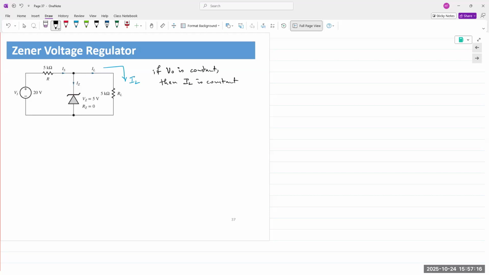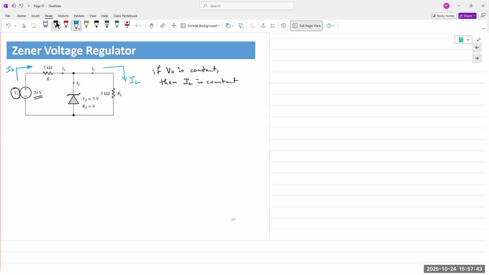But if Vsource goes from 5, 10, 15, 20, 25, 30 volts, and again, V equals IR, if the source voltage increases, what happens to source current? Source current also increases.